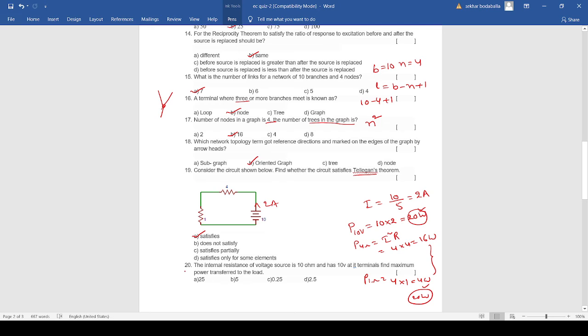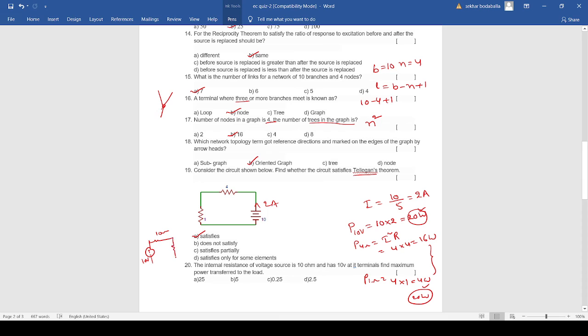Now let us go with the 20th question. The internal resistance of a voltage source is 10 ohms and it has 10 volts at its terminals. Find the maximum power transfer to the load. So we have a source with 10 volts and there is a source resistance of 10 ohms.